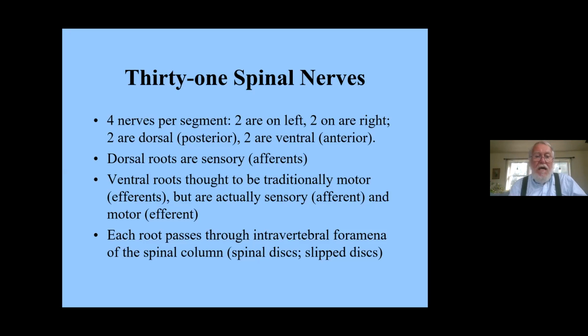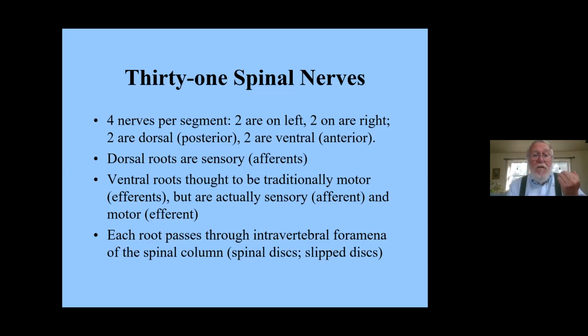Now, we can point out that the dorsal roots are sensory afferents, and we're going to speak about this a lot today. So the dorsal roots that are dorsal or posterior for all 31 spinal nerves are bringing in sensory afferents. And there are different kinds of sensory afferents, and we'll describe them.